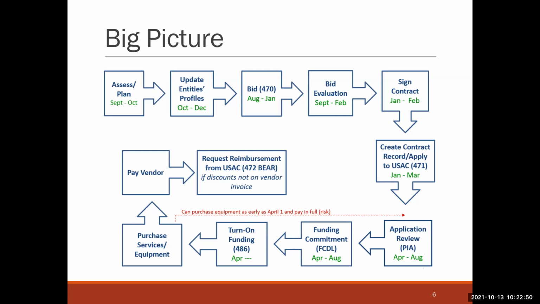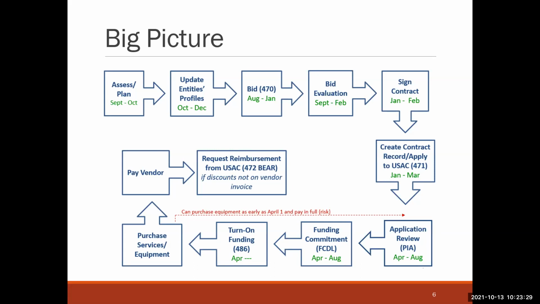Because these contracts are required to be signed before you can file for your funding, the contracts typically have a contingency clause that states that you're signing the contract before you know E-rate funding is going to be approved, and therefore your contract will be contingent on obtaining that E-rate funding approval, which means that if you don't get the funding approval, the contract is void and you're not obligated to purchase the equipment or service.